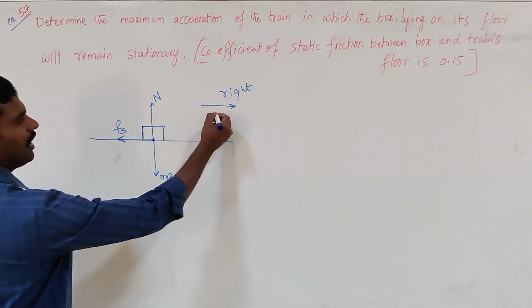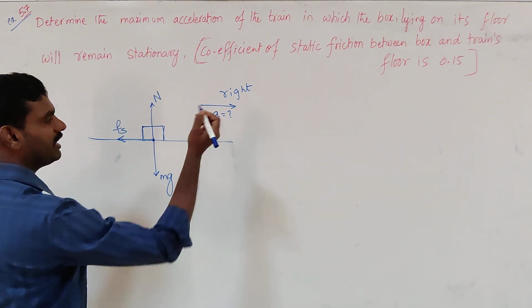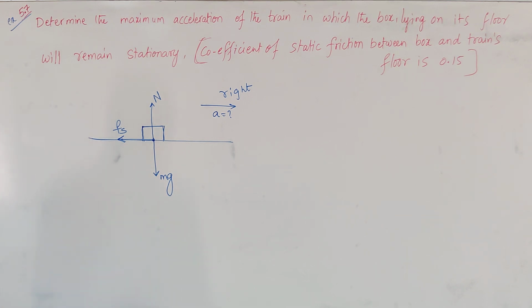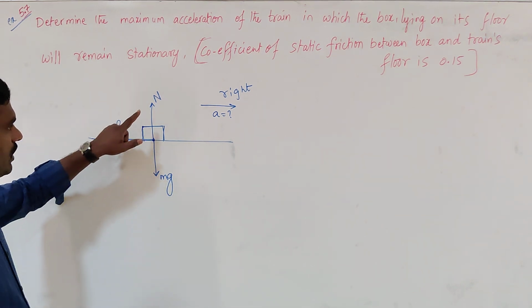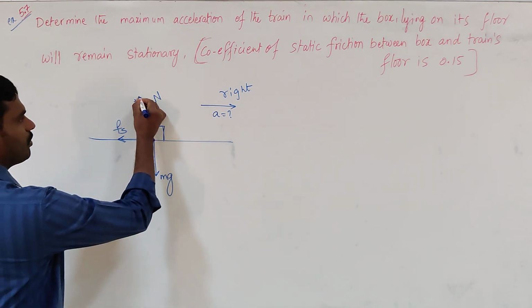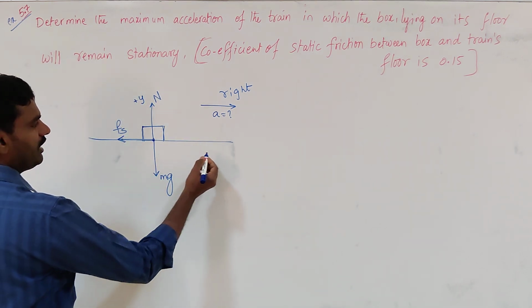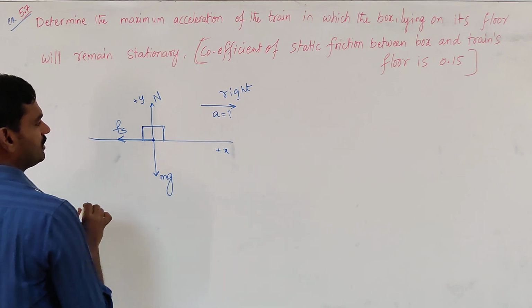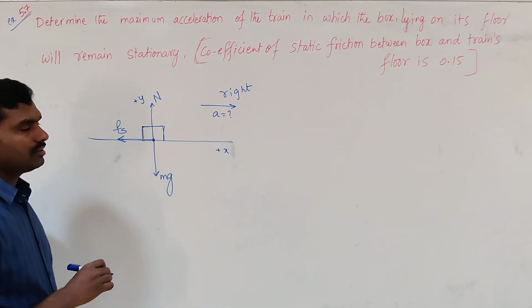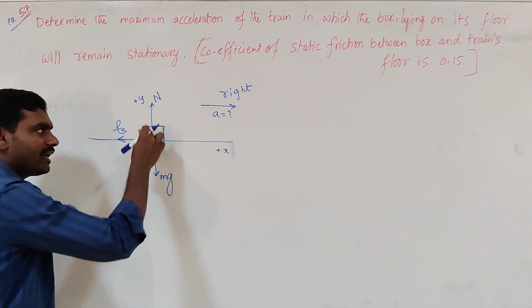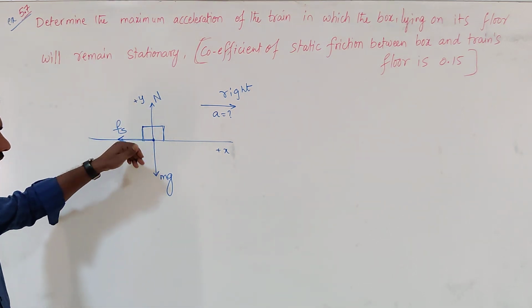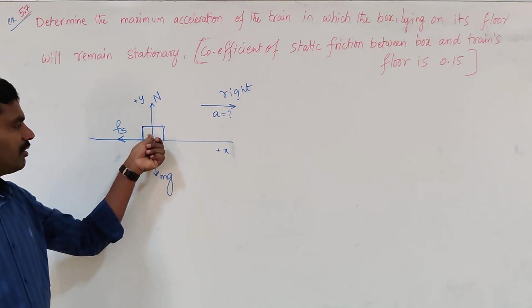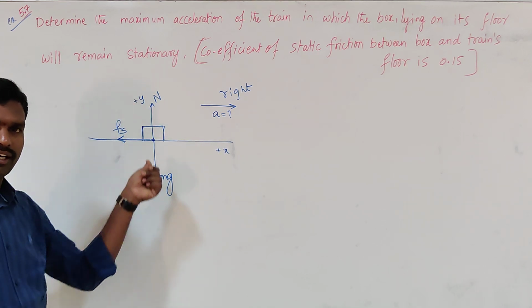So what is the acceleration here? We need to apply Newton's laws of motion. First I am taking this as the positive y-axis and this as the positive x-axis. Is there any motion along the vertical direction? No, because the box is not flying in the vertical direction.